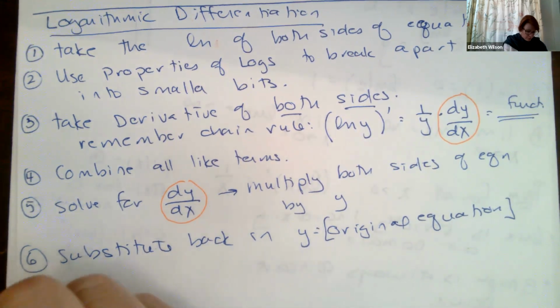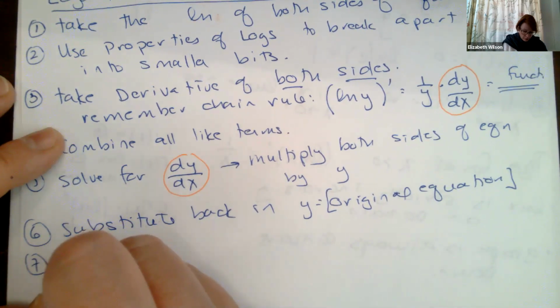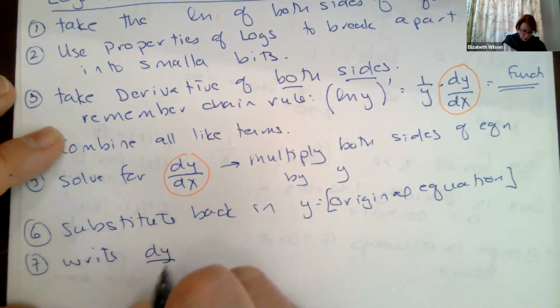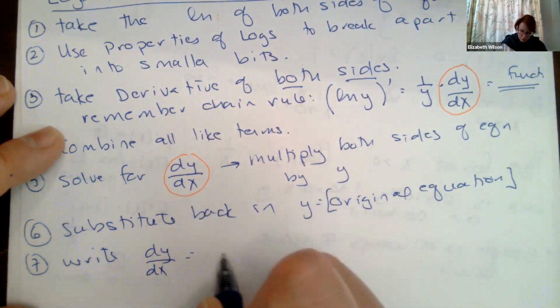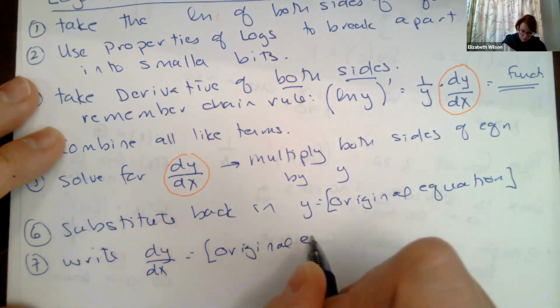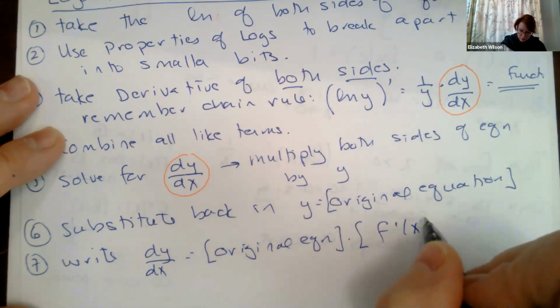And then step 7, I'm just going to write it and make it look pretty. dy dx equals whatever our original equation is times our derivative.